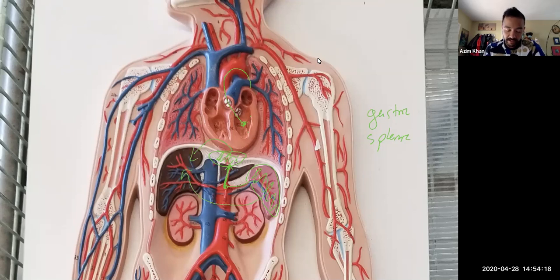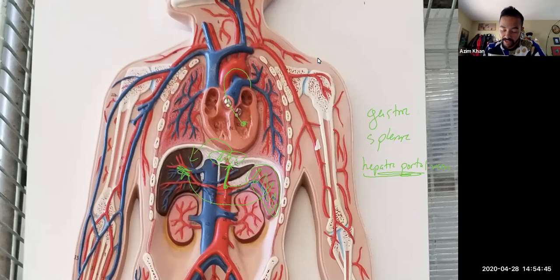This pathway from the spleen or stomach to the liver, the common vein leading to the liver in this case is called the hepatic portal vein. It's not the same thing as the hepatic vein. We've gone from the stomach or spleen to the hepatic portal vein to the liver and its sinusoid capillaries, and then from the liver to the hepatic vein.